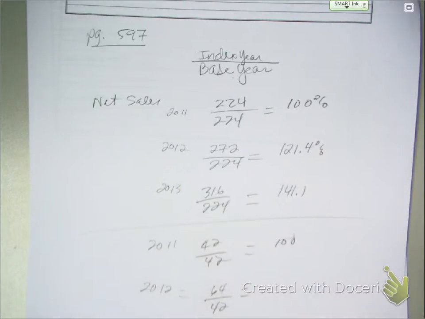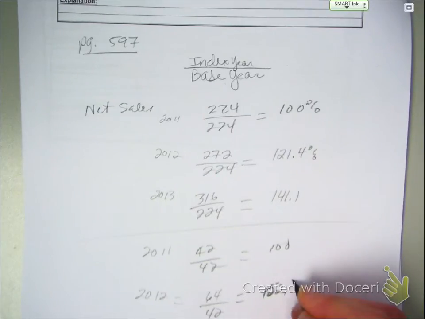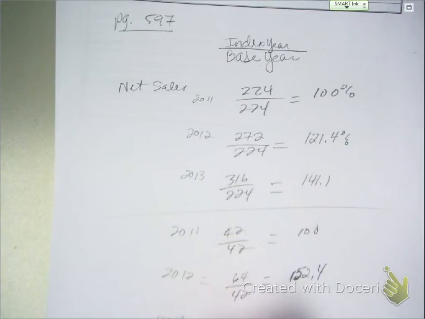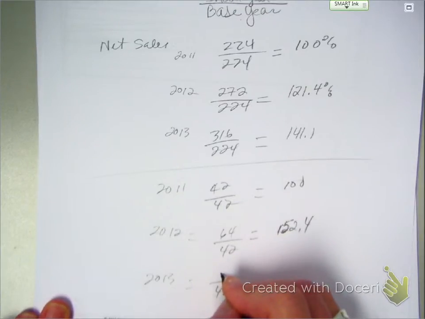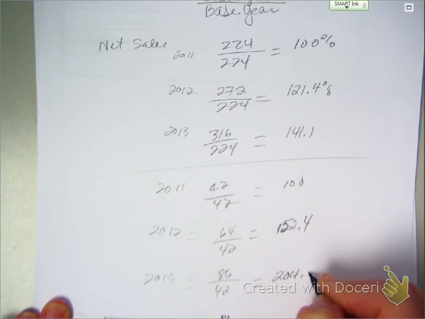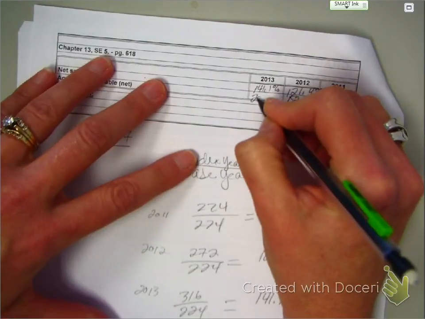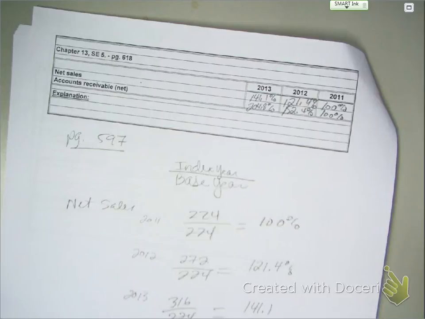What'd you get? 152.4. Okay, and 2013. What's the numerator? 86. 204.8. Okay, 204.8. So, good trend or bad trend here?